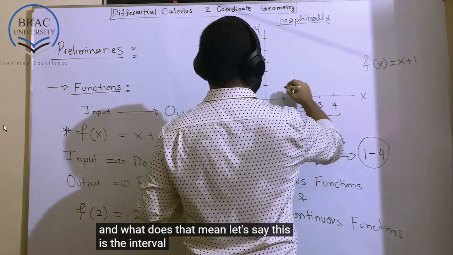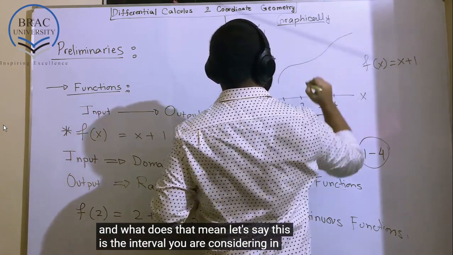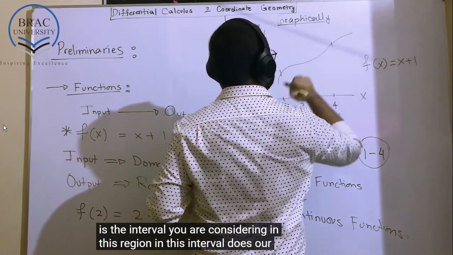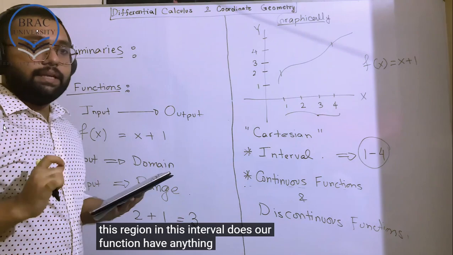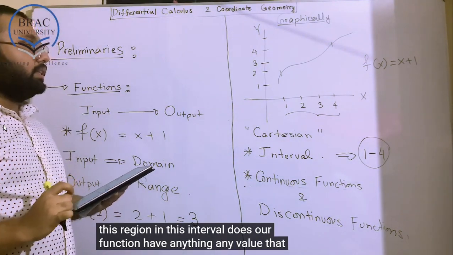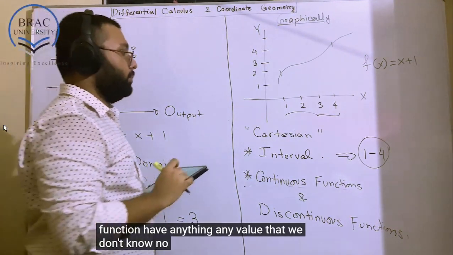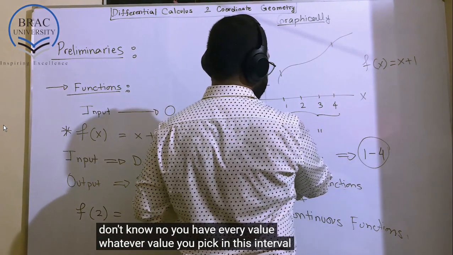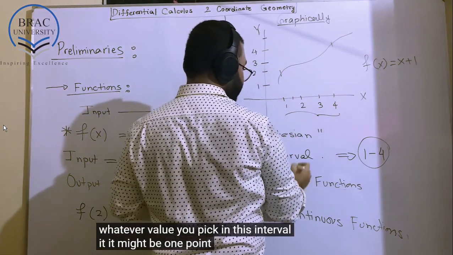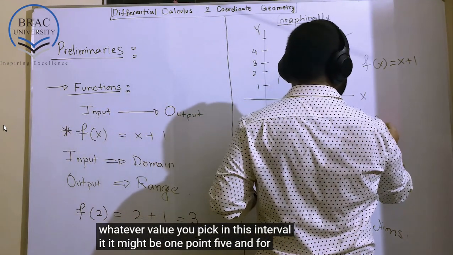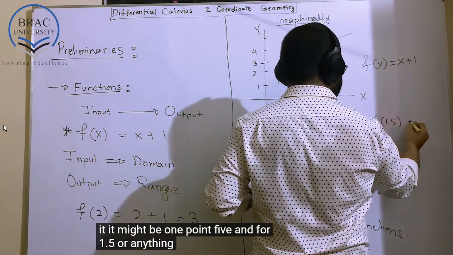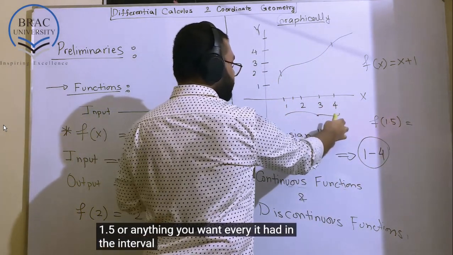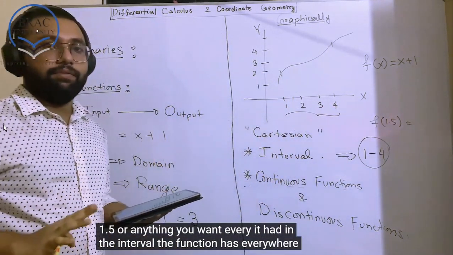Let's say this is the interval you're considering. In this interval, does our function have any value that we don't know? No. You have every value. Whatever value you pick in this interval, it might be 1.5, f of 1.5, or anything you want, the function has every value.